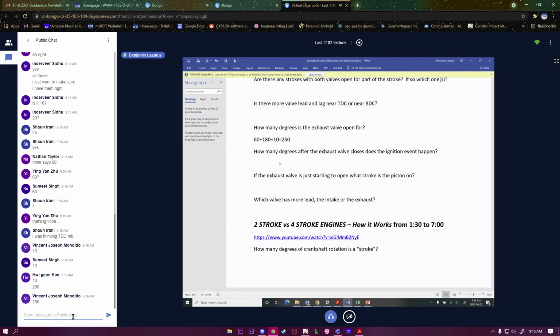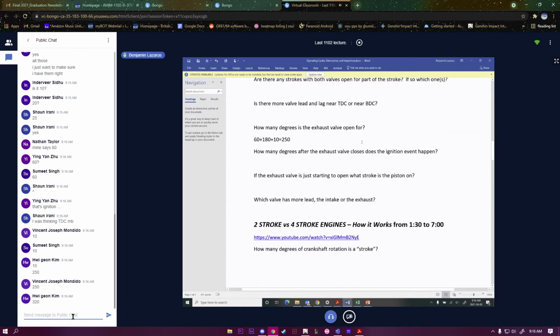Right? Okay. How many degrees after the exhaust valve closes does the ignition event happen? All right, so the exhaust valve closed 180 minus 10, so 170. You follow me there? So the exhaust valve closed on the intake stroke.